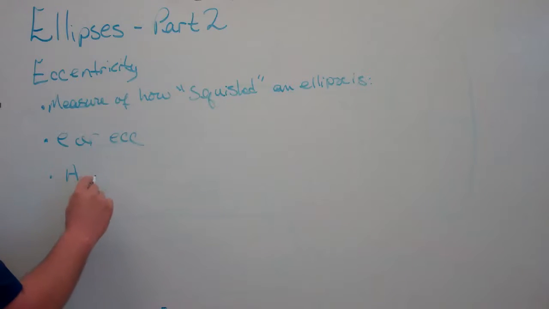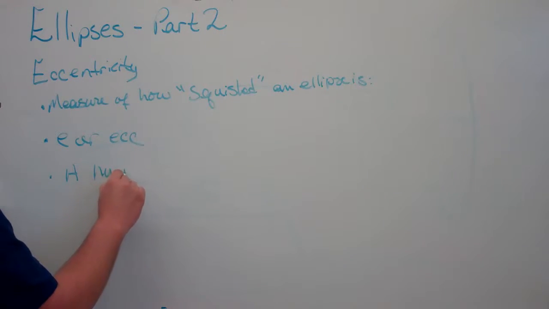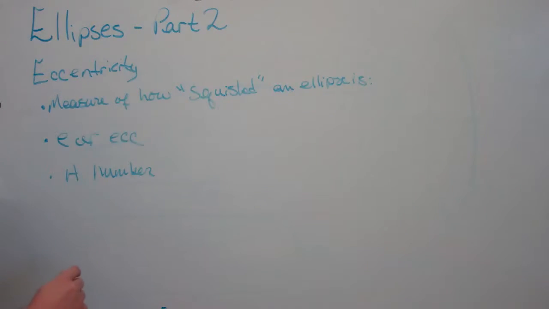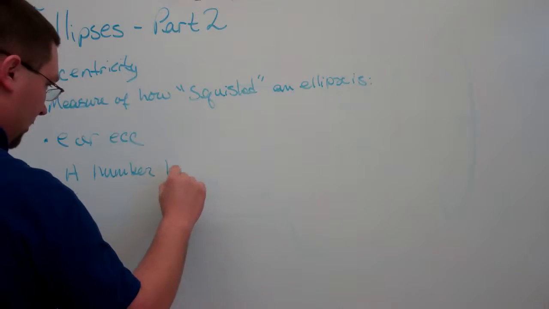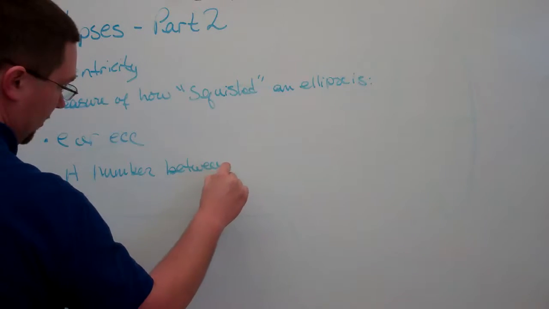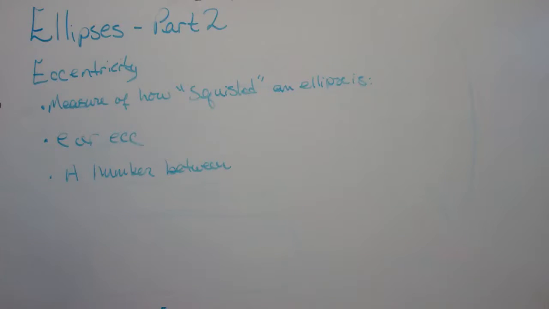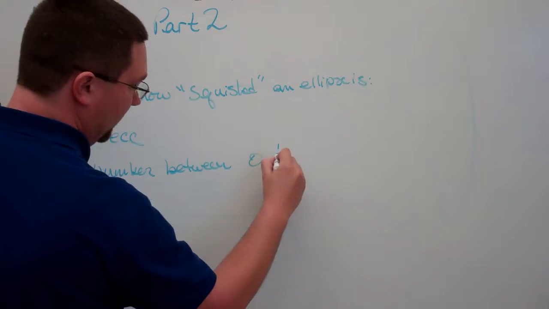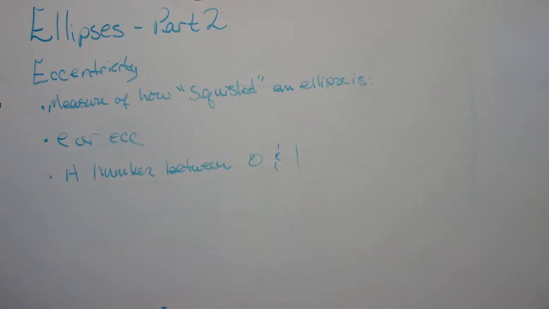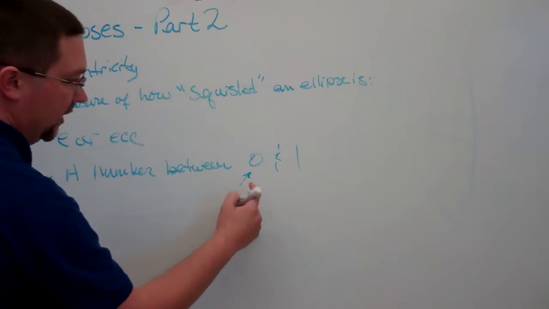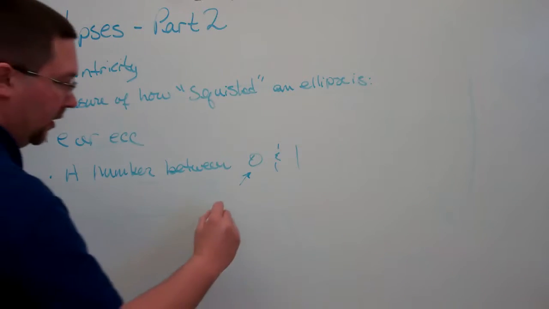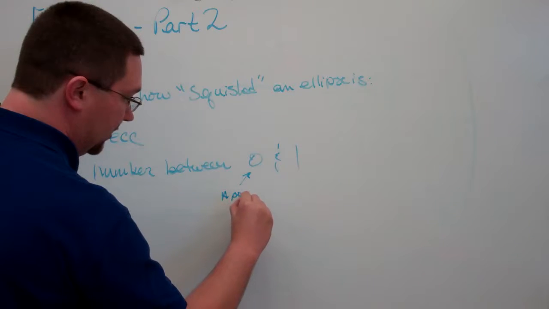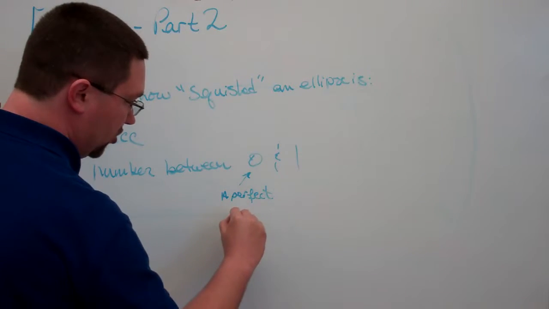Now, this is the important part. It is a number between 0 and 1. If your eccentricity of an ellipse were 0, you would have a perfect circle.